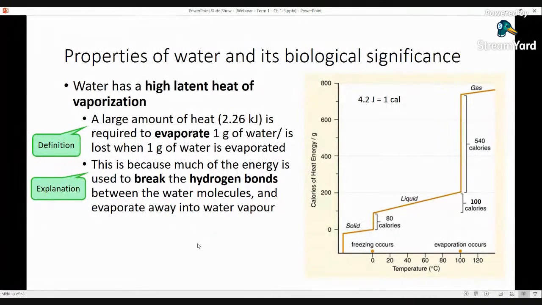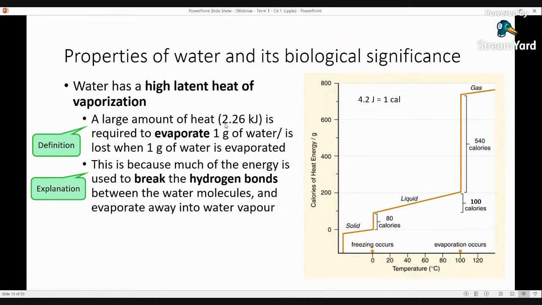The next property is that water has a high latent heat of vaporization. The definition is the amount of heat energy required to evaporate 1 gram of water, or the heat lost when 1 gram of water is evaporated.